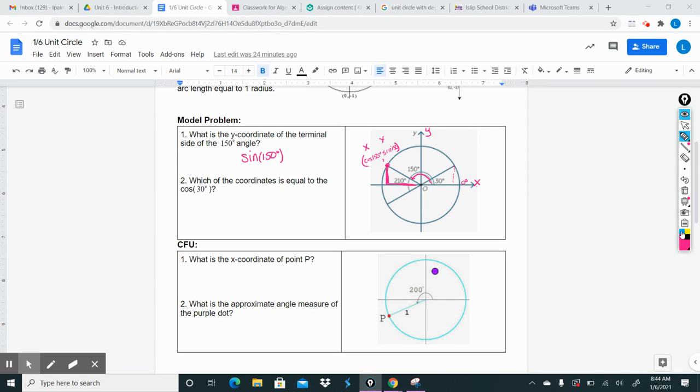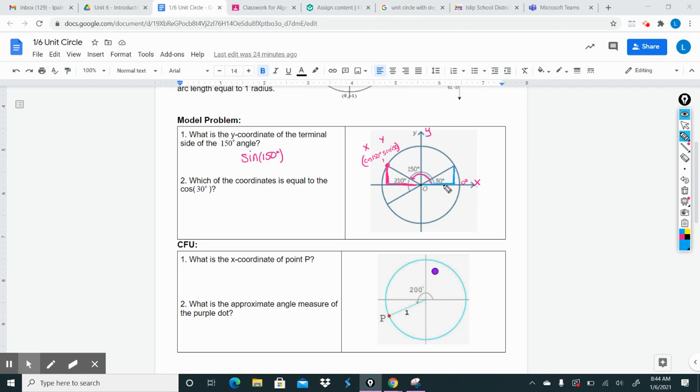For the second part, which of the coordinates is equal to the 30-degree cosine? So here, cosine, if we look at our 30 degrees, we know that we have our right triangle here.